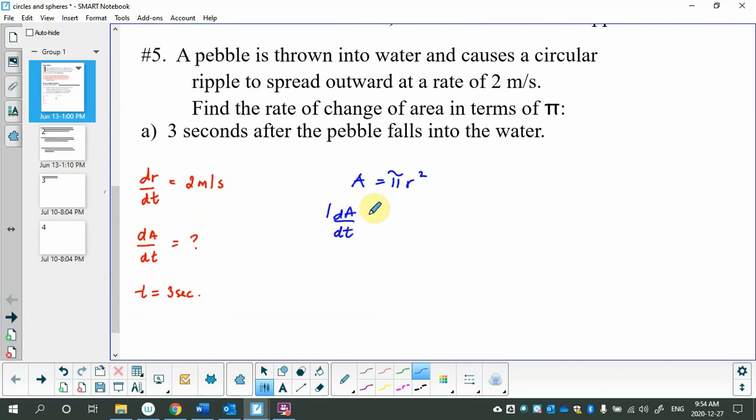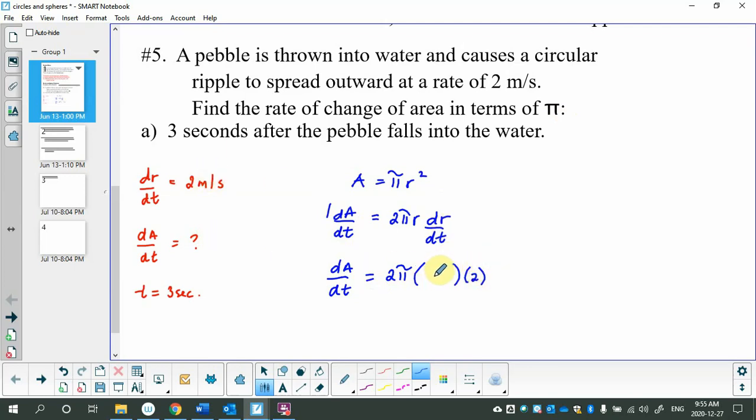So it's sort of like implicit differentiation. Then on this side, drop the 2, keep writing, make it a 1. And this is the R side of the equation, so it's dr by dt. I'm going to take out the 1. I need to know what dA by dt is, so it's going to stay an unknown. My 2 is going to stay a 2. My pi is going to stay a pi because I want it in terms of pi. My R is unknown for a minute, and my dr by dt is 2.